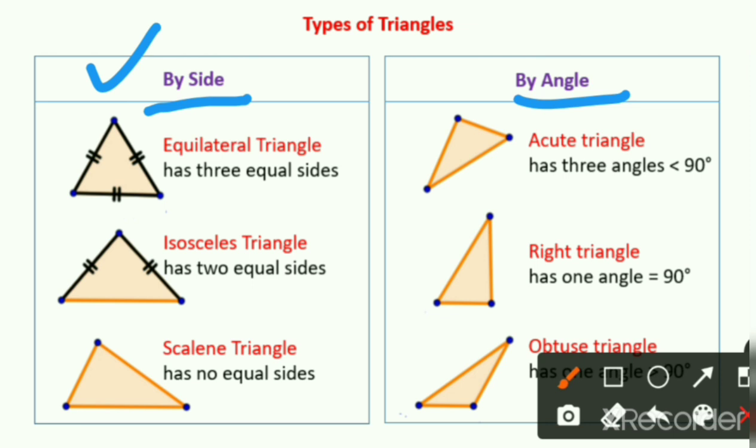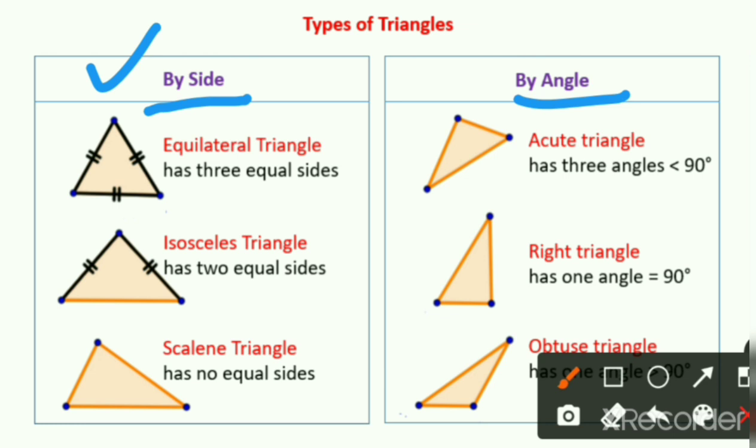A triangle having three unequal sides, or not having any equal side. If the three sides are unequal, we call it a scalene triangle.